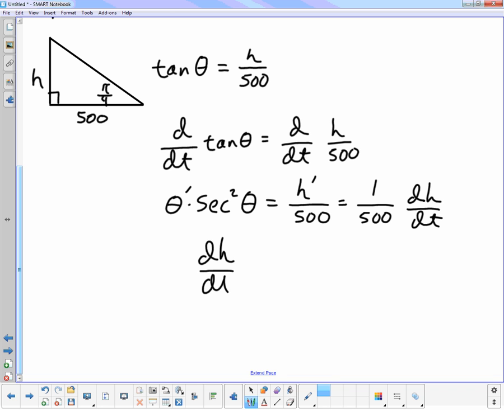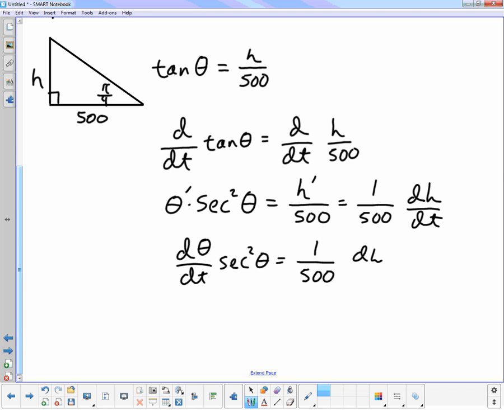And this becomes d theta dt secant squared of theta is 1 over 500 dh dt.